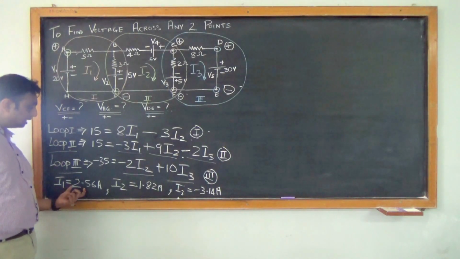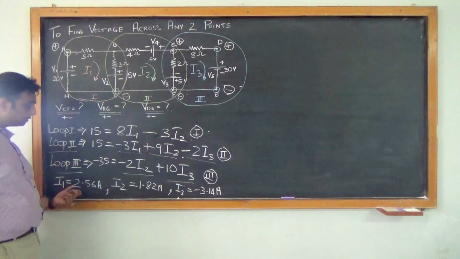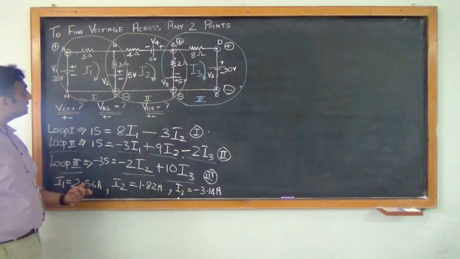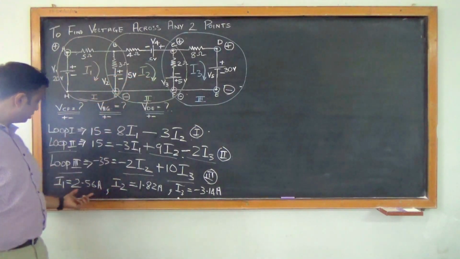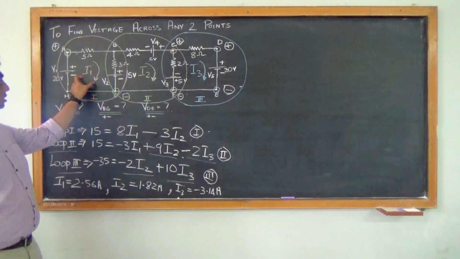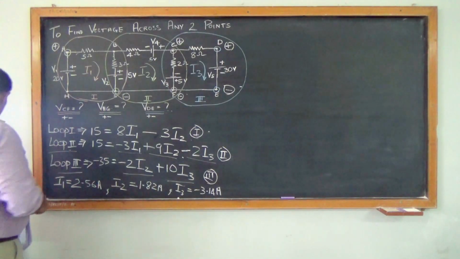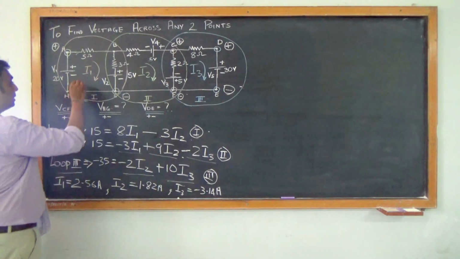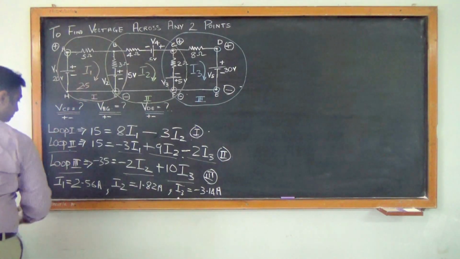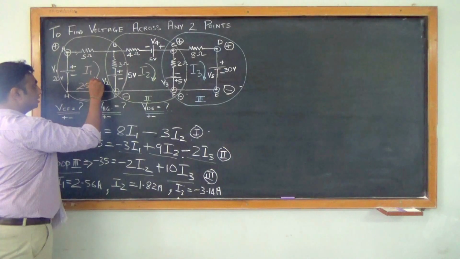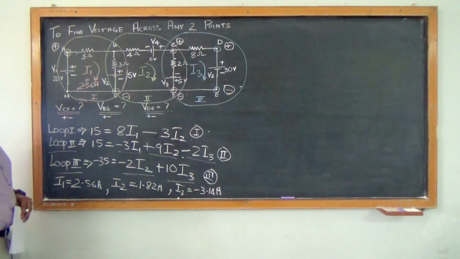Now if you see here, you got all your currents. If your current comes out positive, whatever direction you have assumed is correct. So I got plus 2.56 here, so whatever direction I assumed for I1 is correct. Now putting the values in the diagram, I1 equals 2.56 amps.